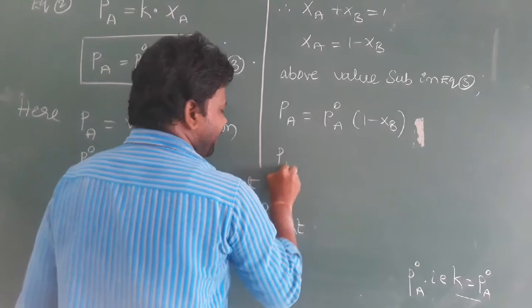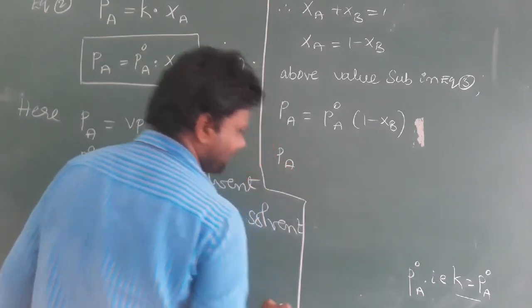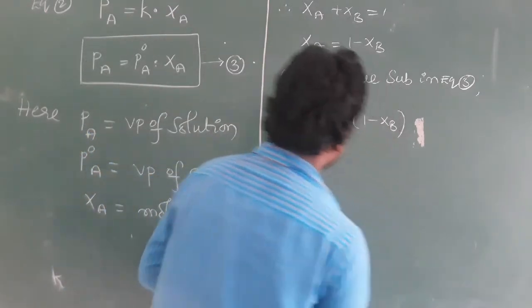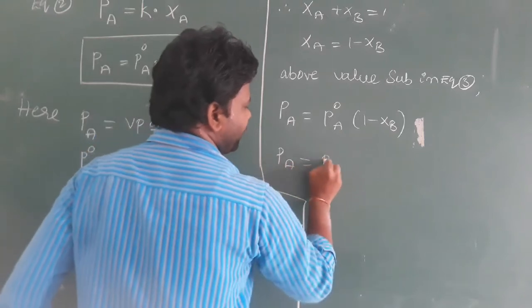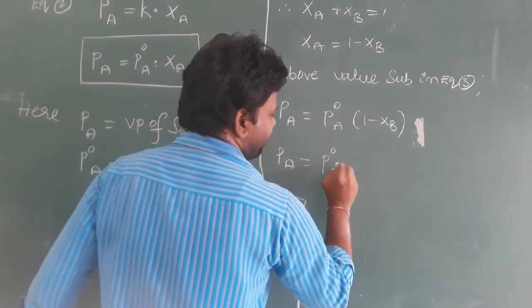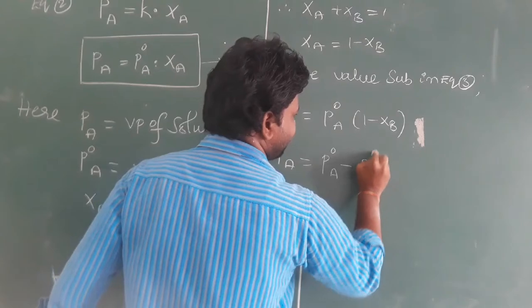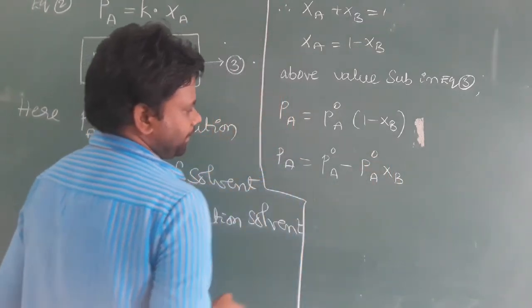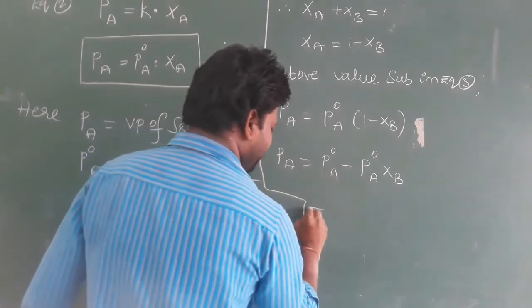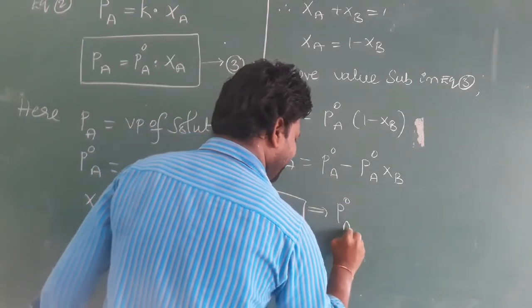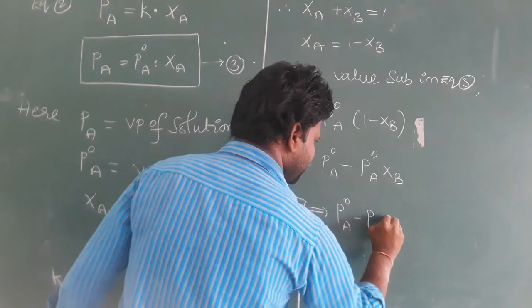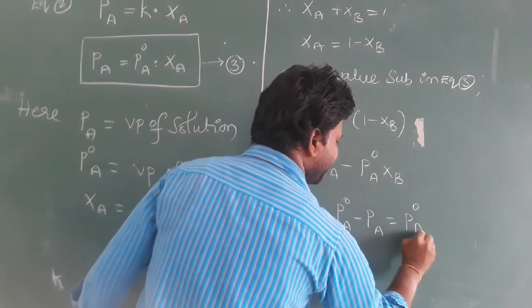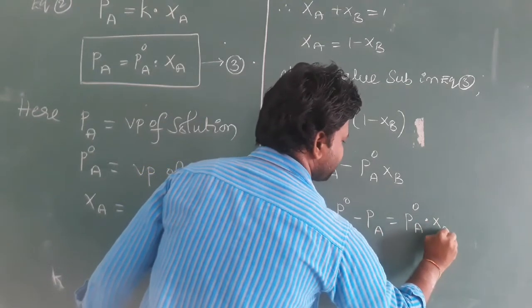Then Pa is equal to P naught A minus P naught A into XB. So this value taken this side, what happened? P naught A minus PA is equal to P naught A into XB.